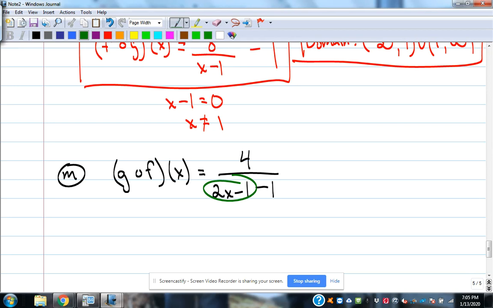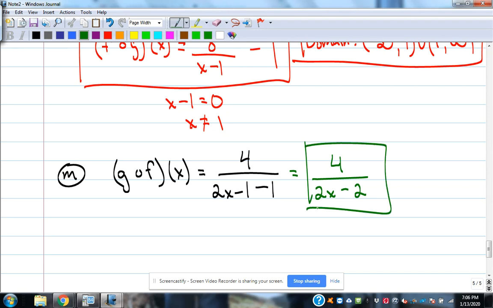That's where that came from. Now I can simplify the denominator a little bit there, right? Because I got like terms. We got the minus 1 and the minus 1. So that's going to be 4 over 2x minus 2. And then in about a month, we're going to do a little bit more with that to simplify it. But right now, that's enough. And that's our composite function.